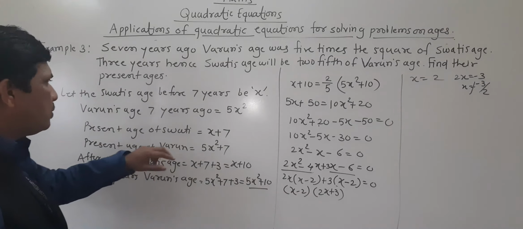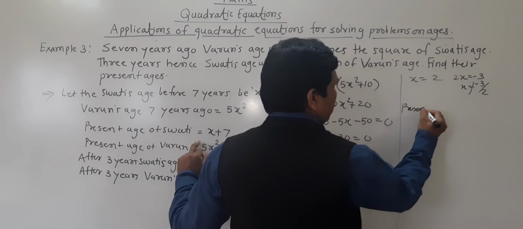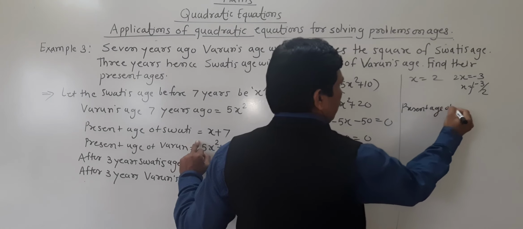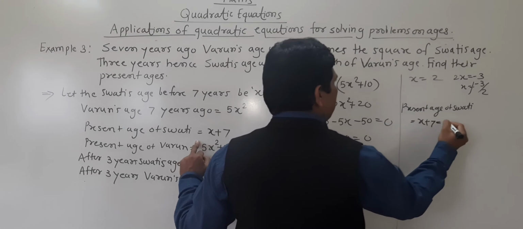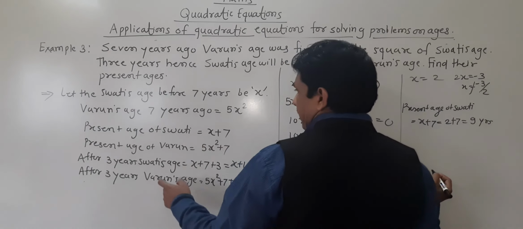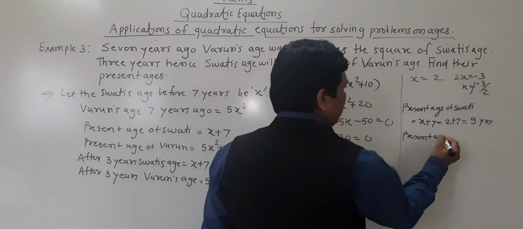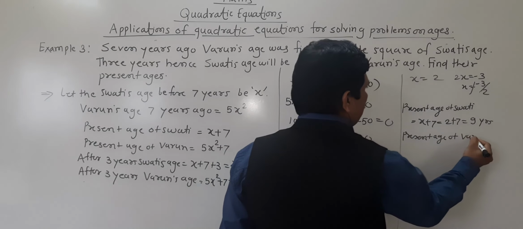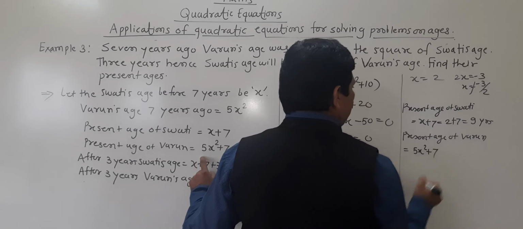So present age. What is present age? Present age of Swati is equal to x plus 7, that is 2 plus 7, that is 9 years. And present age of Varun is equal to 5x square plus 7.